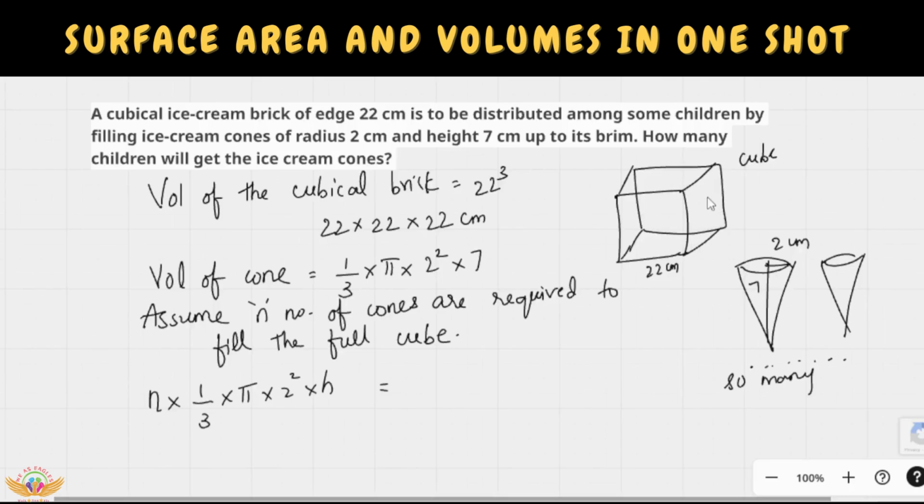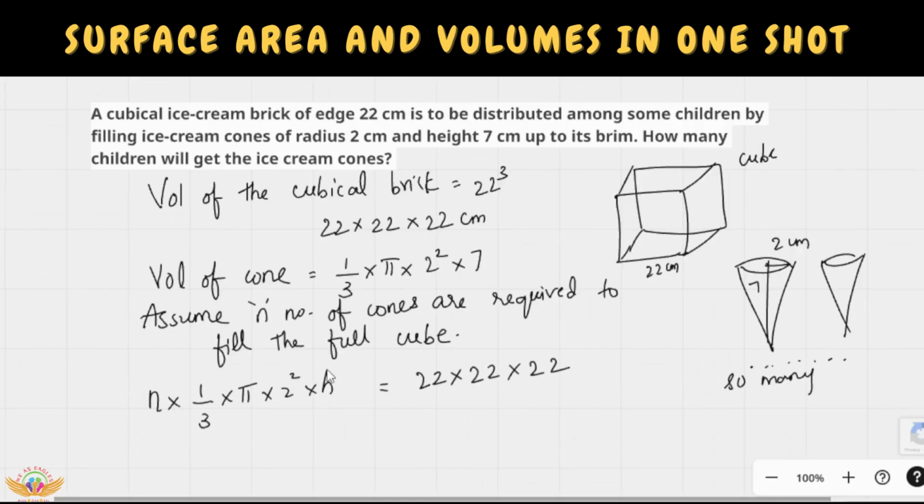See that the complete ice cream is here. This complete ice cream we are just distributing and dividing into some n number of cones. So the ice cream filled in n cones will be equal to the total ice cream in the cube. What is the cube volume? 22 into 22 into 22.